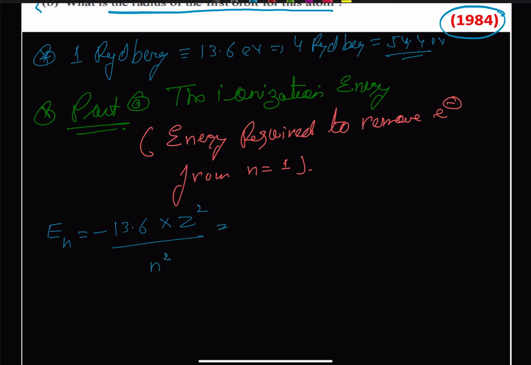So the value of n is 1, so E of 1 will be equal to minus 13.6 into Z square, and E of 1 is already given to us, that is 54.4. So this will be equal to minus 54.4.